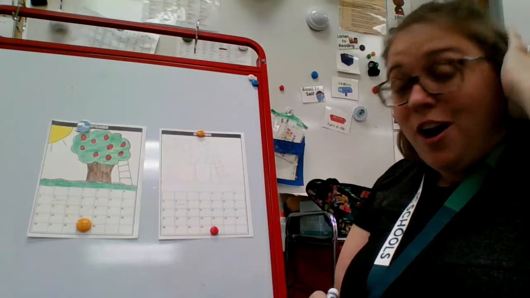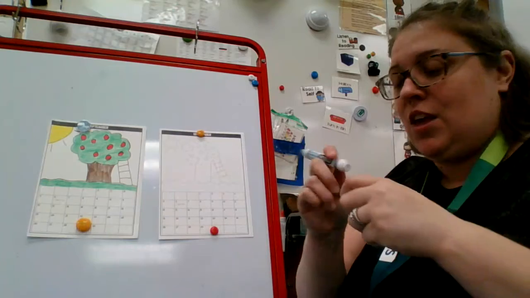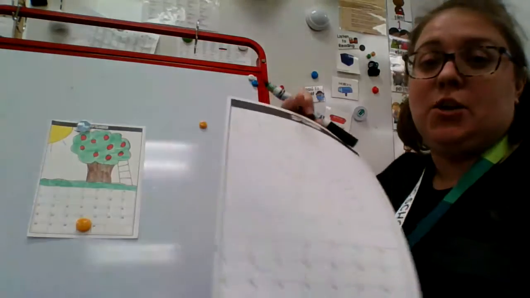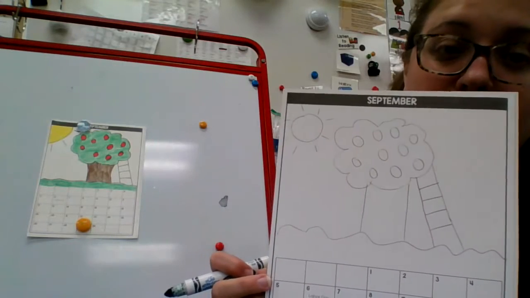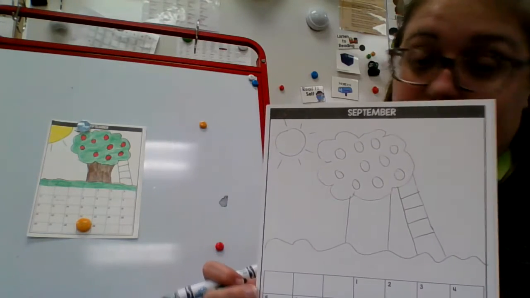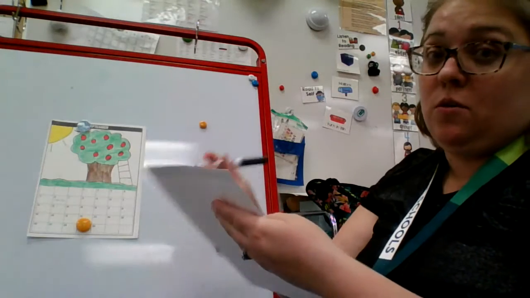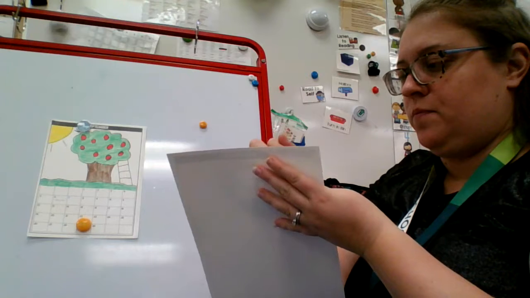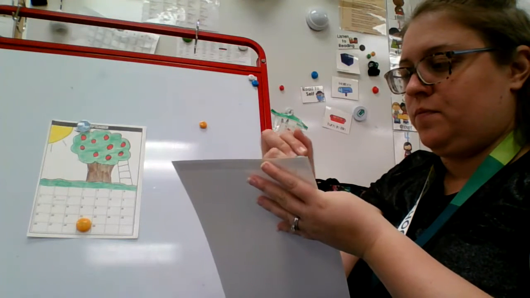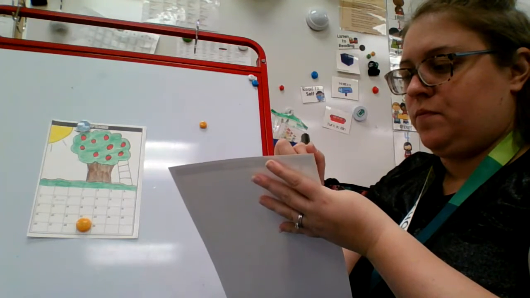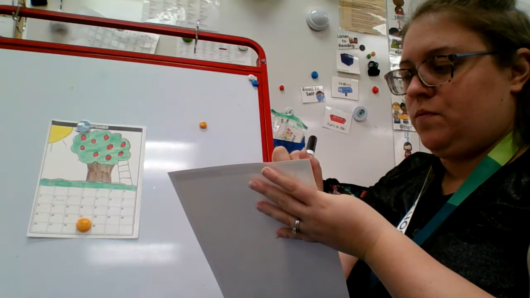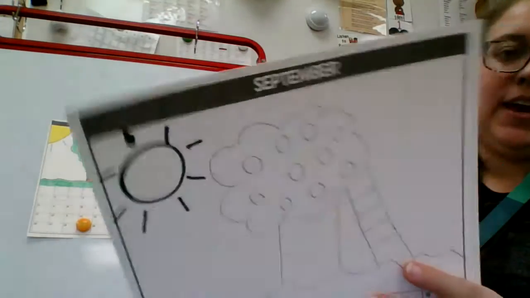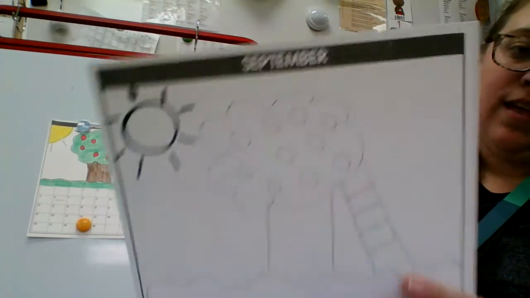Once you're all done drawing your tree, you're going to take your black marker and you're going to go over all of your pencil lines. So I'll show you in a second. So for example, there's my sun. I went over all the pencil lines.